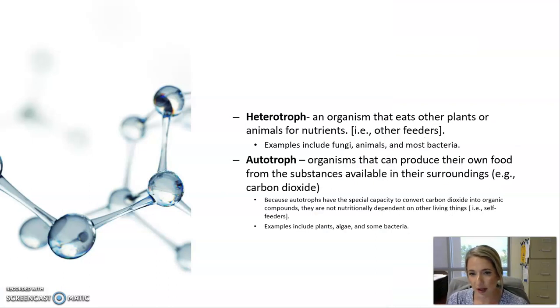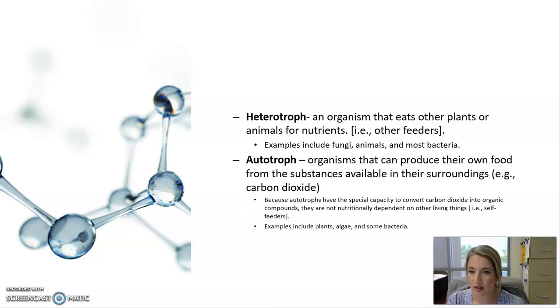We tend to classify microorganisms and organisms in general based on how they obtain essential nutrients such as carbon. Often microorganisms are considered heterotrophs. Heterotrophs we sometimes refer to as other feeders. Heterotrophic organisms feed off of other living things in order to obtain essential nutrients such as carbon.